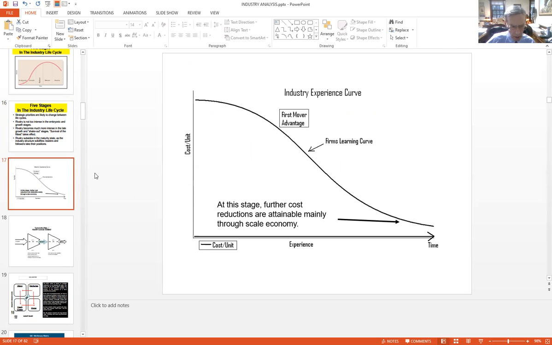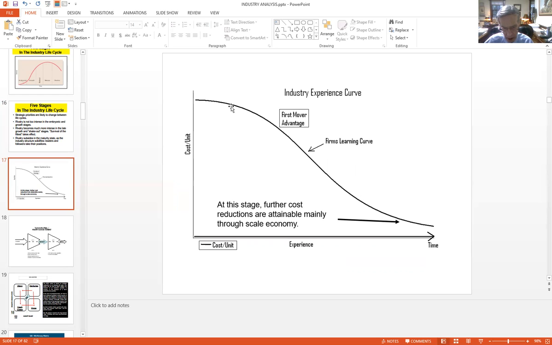So a rather interesting thing occurs in an industry's life cycle, and that is that there's always someone that comes first, and that company is the first mover. Later on, another firm will come into the industry, and then another, and another, and another.